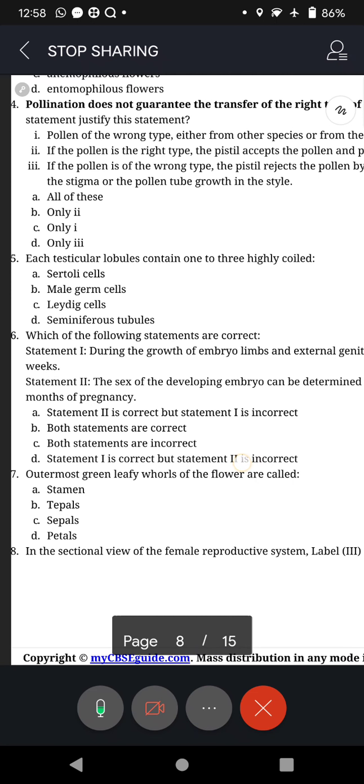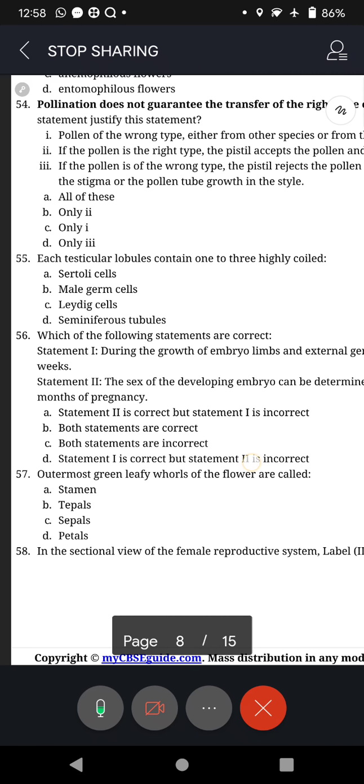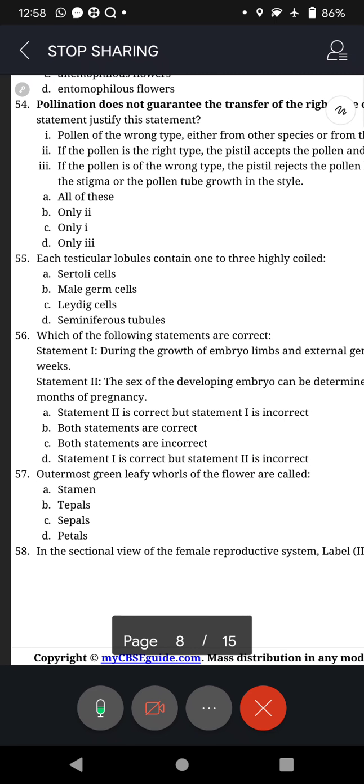So just read both. Now what you have to focus on is the time, whether the time that he is giving is correct. During the growth of embryo, I think in our biology lab you must have seen that 3 months old baby. Did you see? We have kept one baby model.